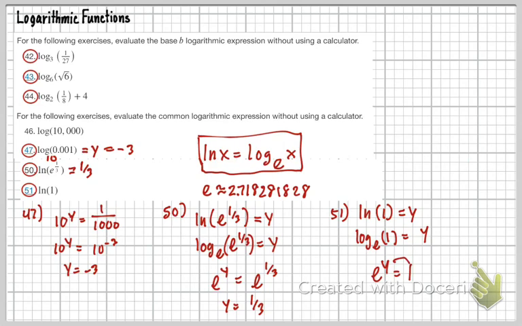Hopefully you caught that right away. You should know that it's going to equal 0, because anything to the 0 power is 1. The nice thing about it is, for any log function, taking the log of 1, I will always get 0. So that's something nice to take along with that. If I take the log of something and it's 1 in there, whatever the base is, then I can say that it equals 0 instantly for that reason. All right, so there's a bunch of problems that we just went through here. Hopefully it's a big help.